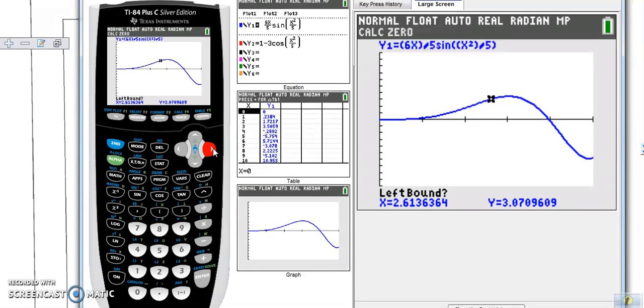You give your calculator a left bound, somewhere to the left of your intercept, so hit enter. And then it's asking you for a right bound, so go slightly to the right. Hit enter. And there it is, 3.963.